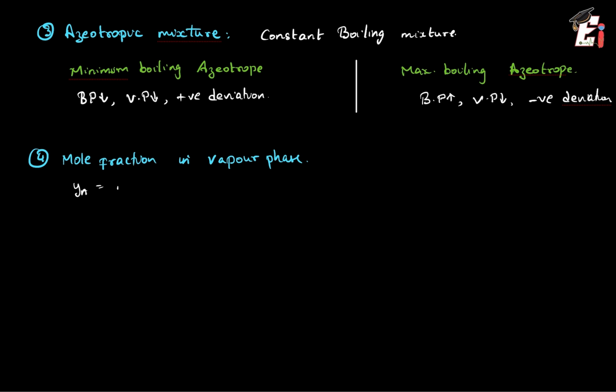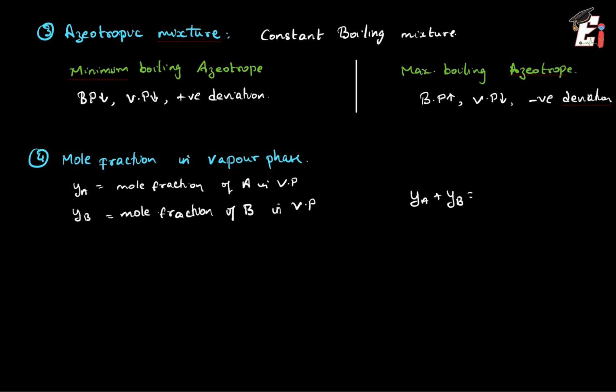Suppose YA is equal to mole fraction of A in vapor phase, whereas YB is mole fraction of B in vapor phase. So from here it's clear, mole fraction of A plus mole fraction of B will give equal to 1.